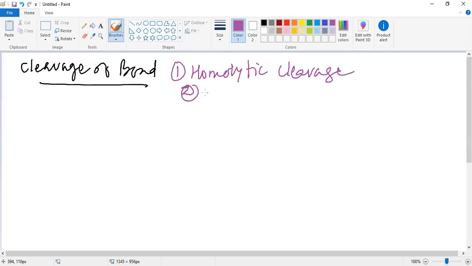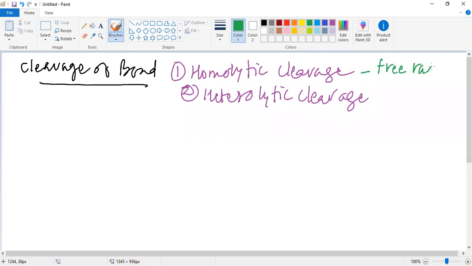Number two, heterolytic cleavage. This homolytic cleavage gives us the free radicals, and heterolytic cleavage gives us the ions.